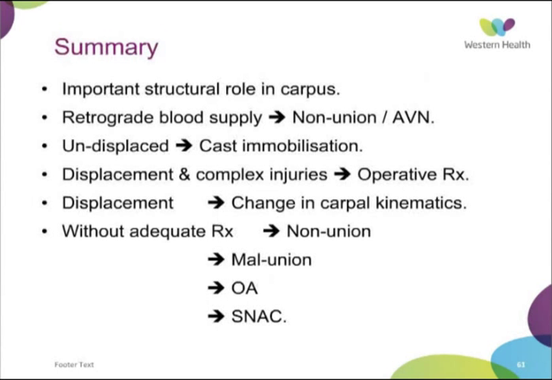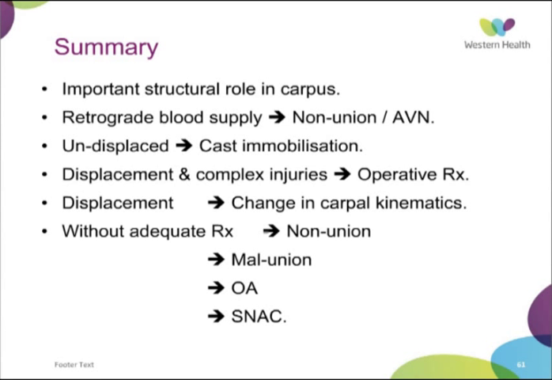So as a summary, the scaphoid provides a very important structural role in the carpus. Its blood supply is very important as it has a retrograde blood supply, so fractures through the waist or the proximal pole will very likely result in a non-union or avascular necrosis.